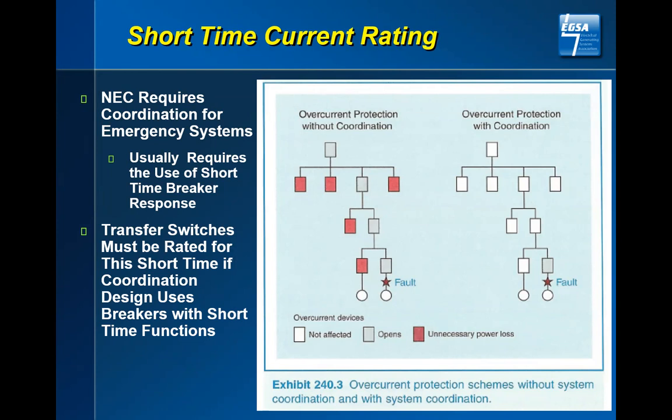Then it's his job to go through a coordination study and be sure that he can coordinate things so that only the circuit necessary will clear. Again, as you go up from where that fault is, each of those rungs means that that breaker may be 3, 6, 9, 12 cycles out there before the breaker protecting the transfer switch would clear.